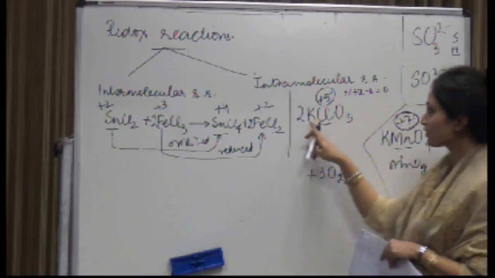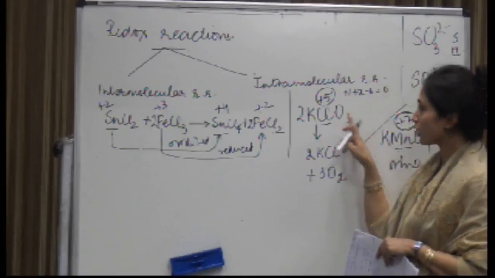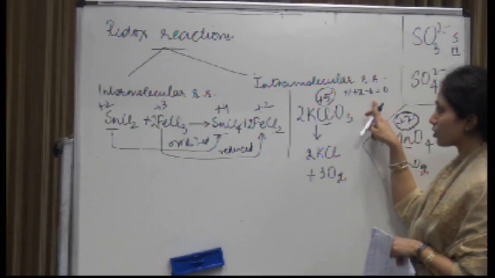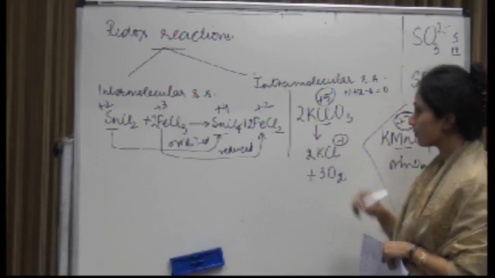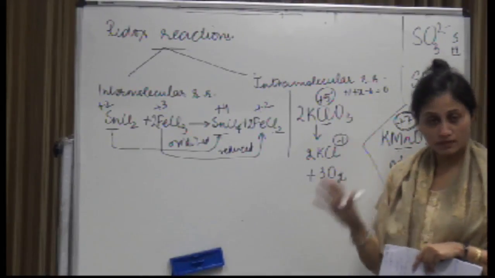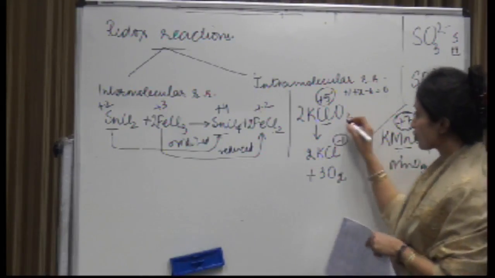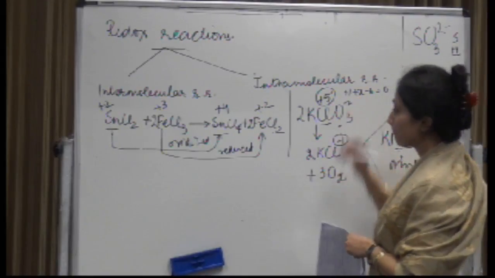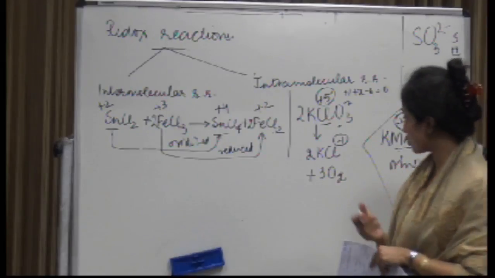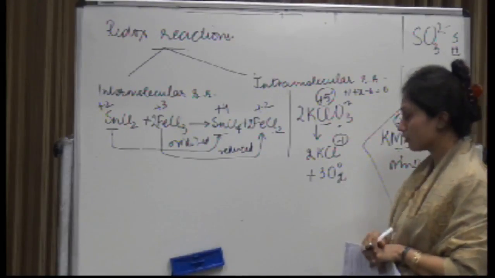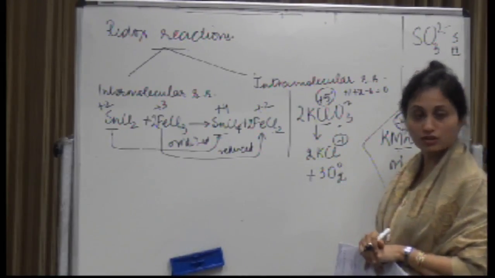So what you have is KClO3. So here Cl will show an oxidation state of +5. Now here it becomes. So what is happening to Cl? It is getting reduced. Oxygen here was -2, क्योंकि हमने KClO3 में उसको -2 लिया. इधर क्या हो गया oxygen? Oxygen turns out to be 0.